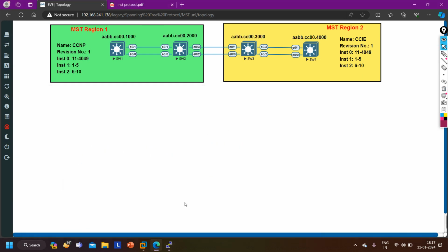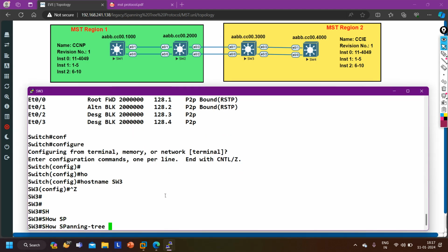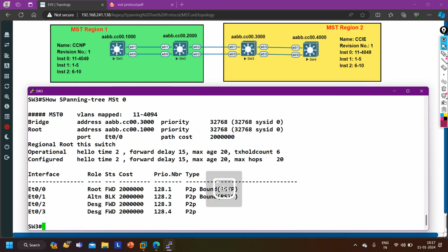Let me take you to switch 3, and on switch number 3 I'm going to show you one thing. So, show spanning tree MST 0, right? Guys, you can see the 0/0 port is RP, and as I told you, switch number 3 will ignore the M record information, like it will not check instance 1 information or instance 2 information. Then the BPDU of MST is similar to RSTP.